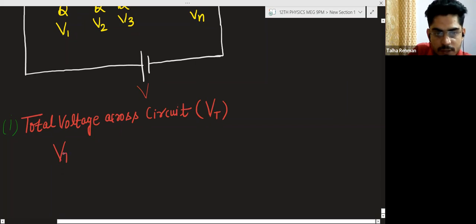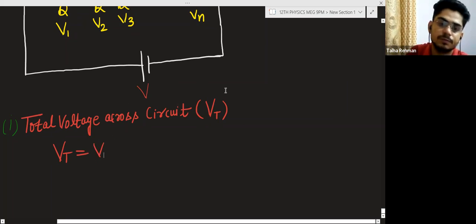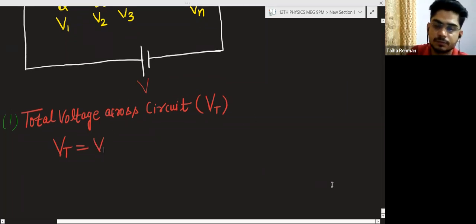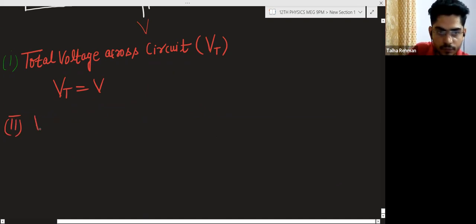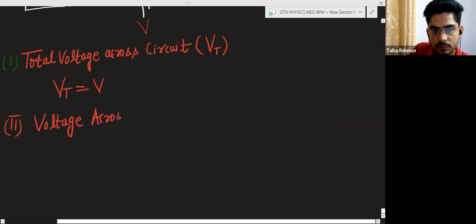V total is equal to the total voltage, this V, simply, no problem. Now, voltage across each capacitor.